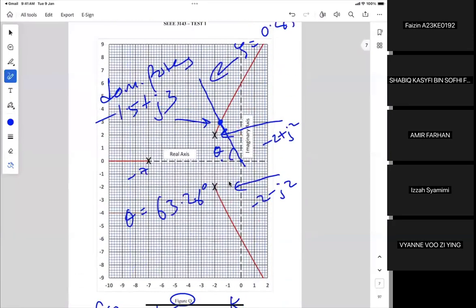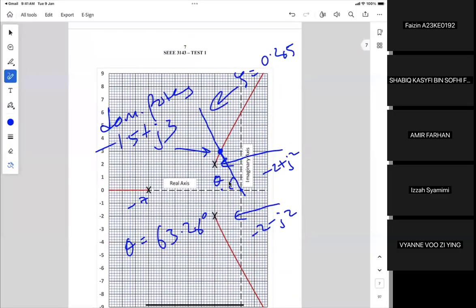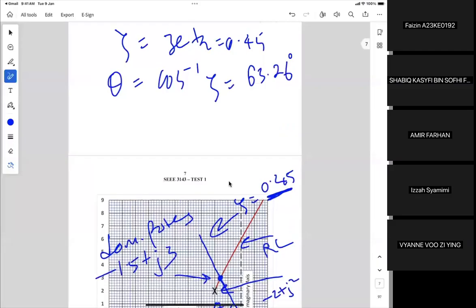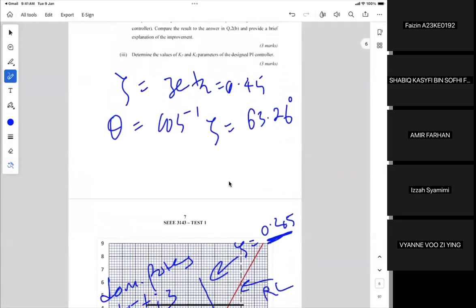Draw the theta, then a straight line, zeta 0.45. This is the damping ratio line. This damping ratio line will intersect with the root locus at minus 1.5 plus j3. That is your dominant pole.